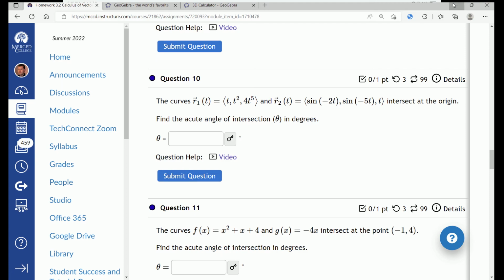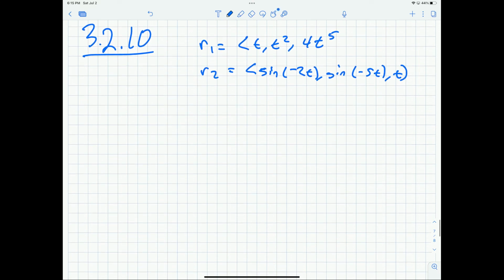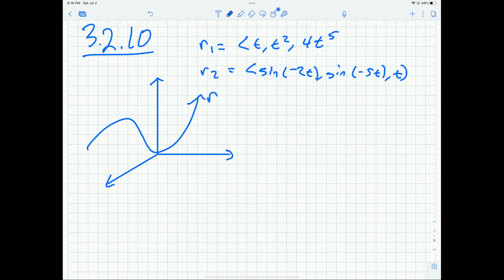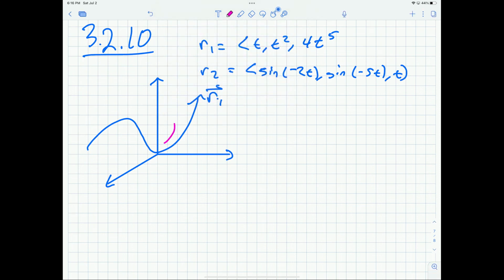Okay, so let me get rid of that. Here's what's going on. I'm not going to draw the exact curves because I'm lazy. I'm just going to draw two representative curves, right? So let's say there's R1, a made up curve. Now let's say R2 is like this.